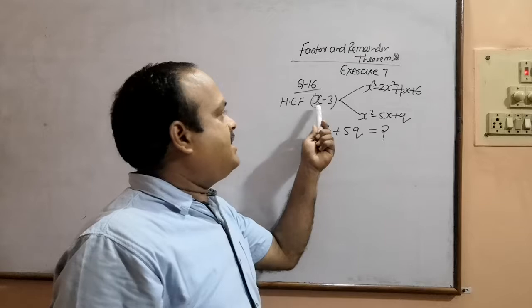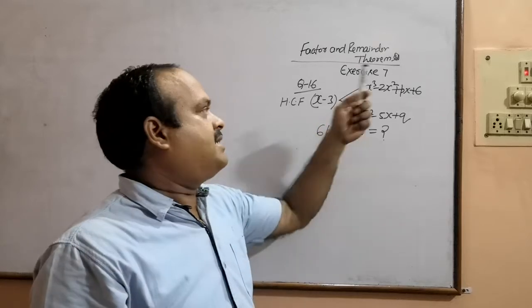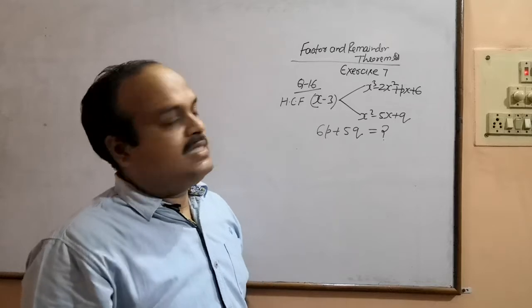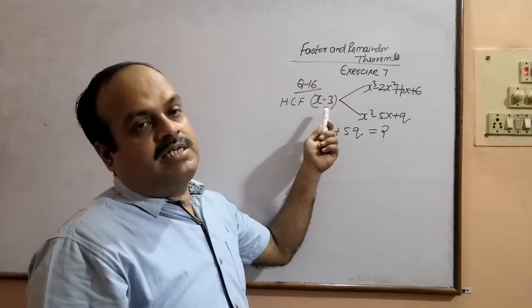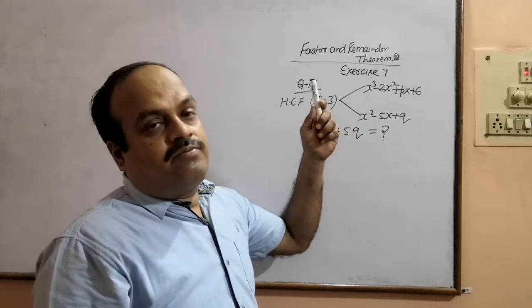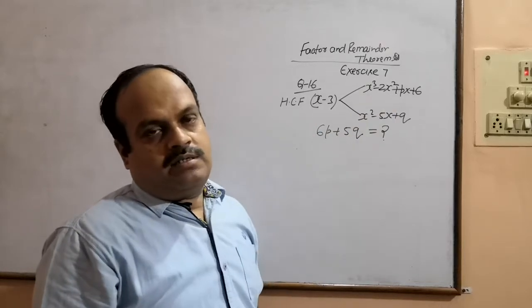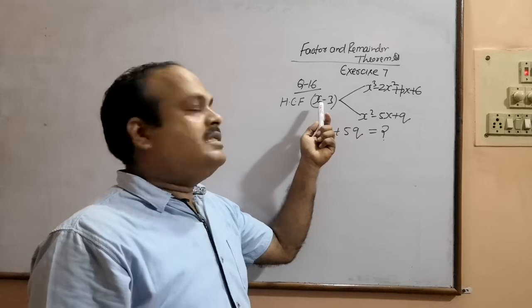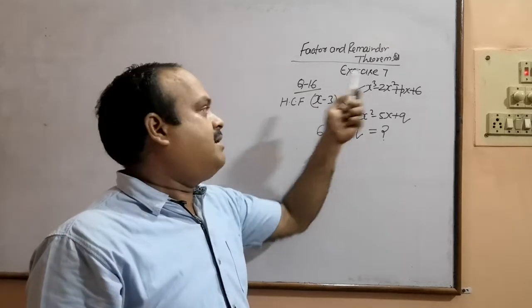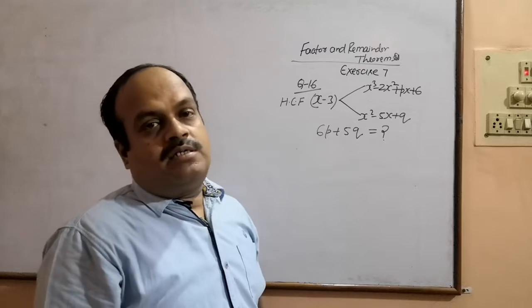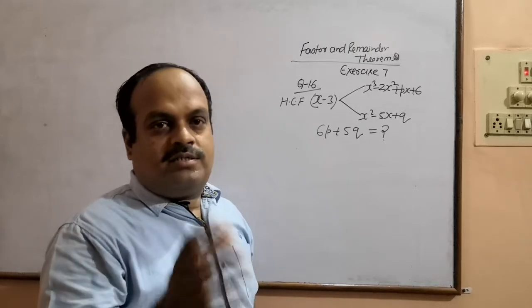So since x minus 3 is the highest common factor of these two polynomials, therefore we can say that this x minus 3 is the factor of each of the polynomial. And since this is a factor of these polynomials, then you know that the remainder will be 0.